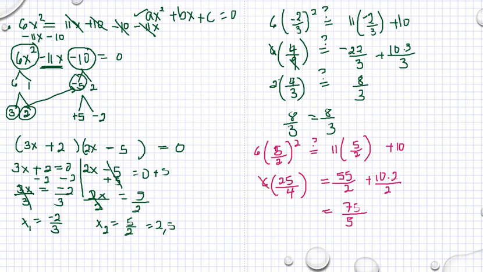Here, if we divide 6 by 2, then we get 3 times 25/2. You see, 3 times 25 is 75. Then we also get the right answer. You can always do that. Okay, I will do more examples.